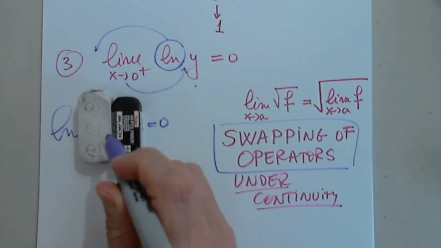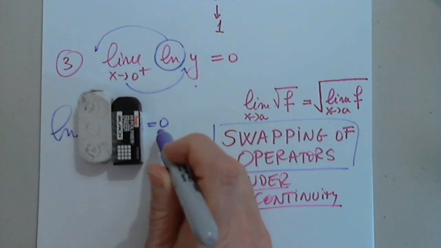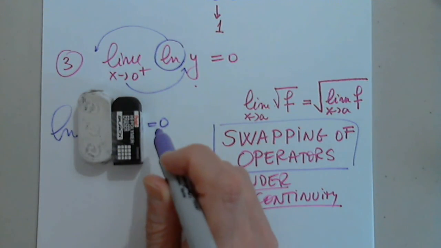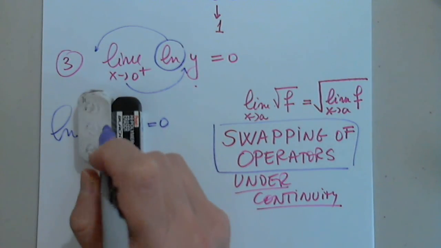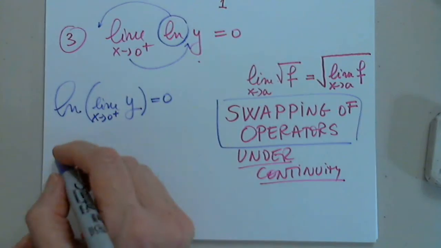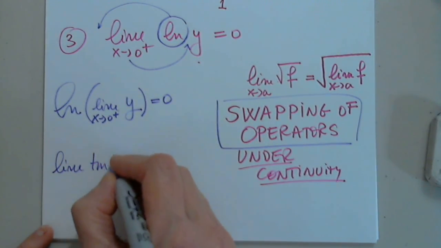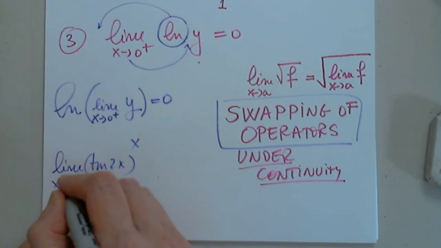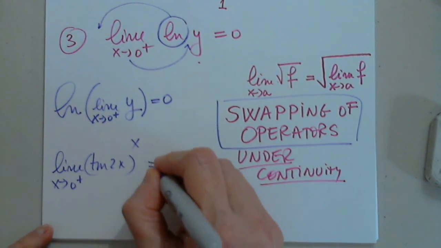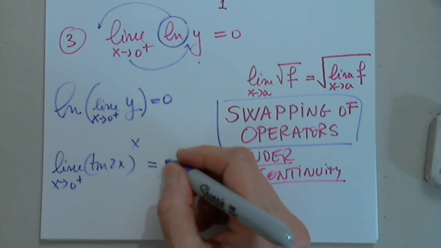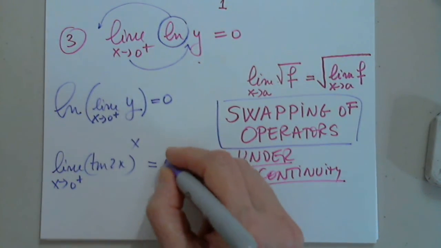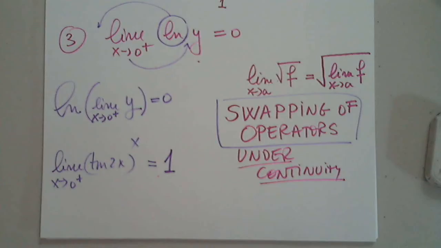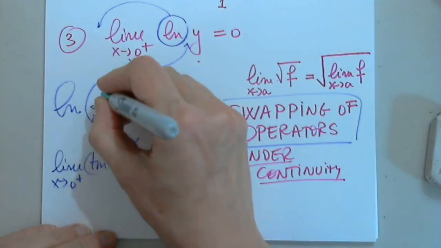Natural log of what is 0? 1. Exactly. E raised to 0 has to be 1. So our limit of tangent 2x raised to x as x approaches 0 from the right equals, again, 1. So this can only be 1.